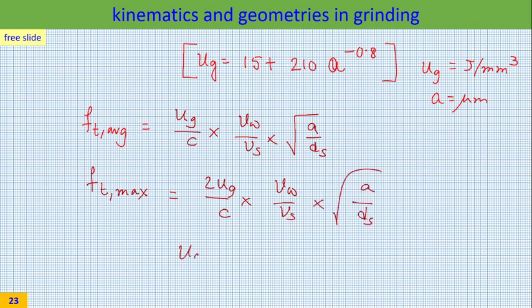Now this UG is a function of A, and here you have an A. This is known to you, this one is known to you, this one is known to you. Only thing which is unknown is this particular value, and UG being a function of A, it is also unknown. So FT max is known.